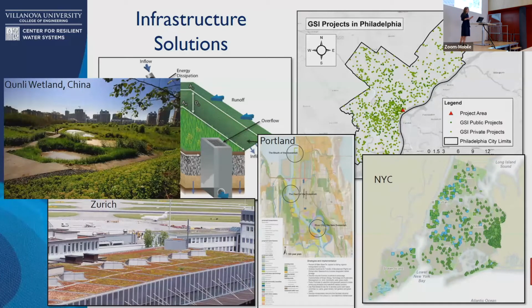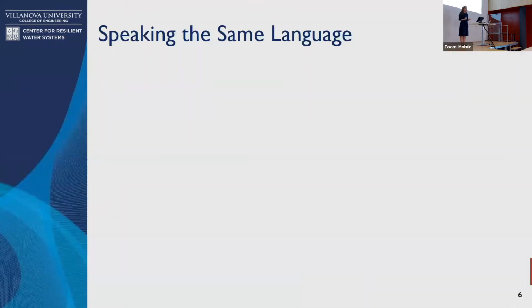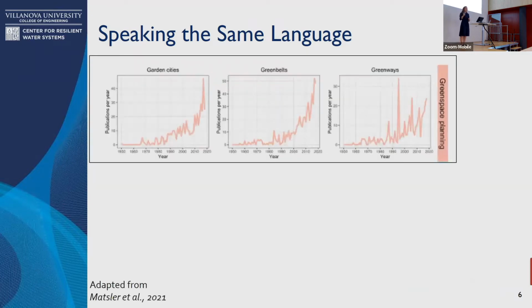It's just that we might be designing slightly differently depending on what our regulations or our focuses are. So, speaking the same language, when it comes to this type of infrastructure, it can be really challenging. We might be talking about the same thing, but just looking at it through a different lens and using a slightly different language.